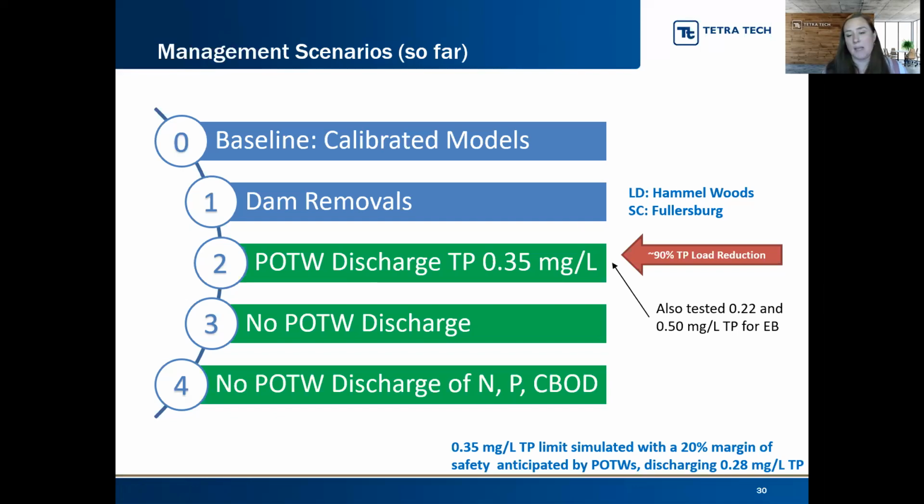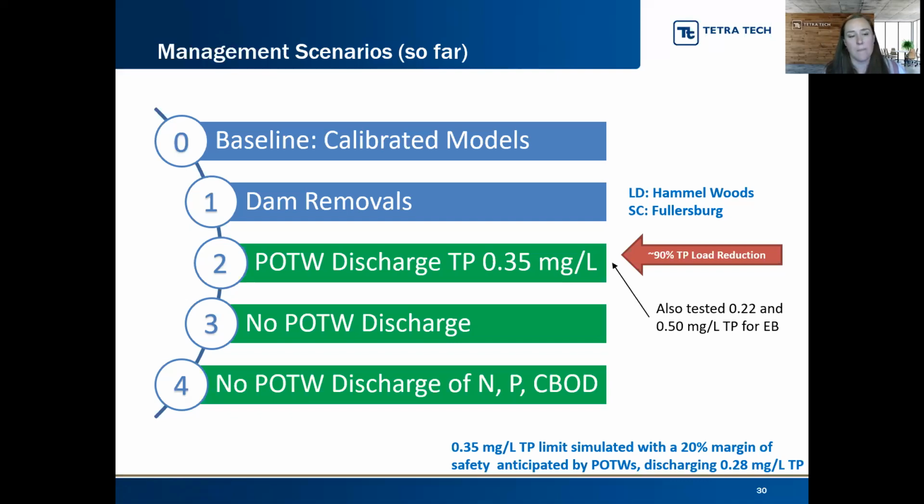This speaks again to how fun modeling can be, because we could also run this scenario 3 where we just turn off the dischargers for a calendar year, see what the model response is, just for reference. We're not suggesting that that should happen or could happen, but it's so nice to see in the modeling environment what the relative baseline is if there were no wastewater treatment dischargers at all.